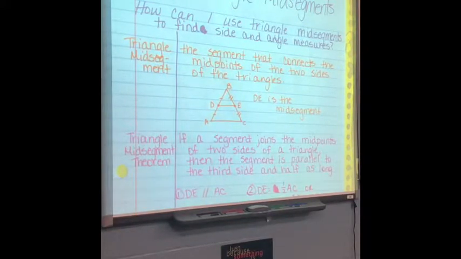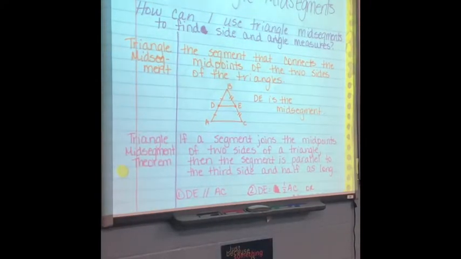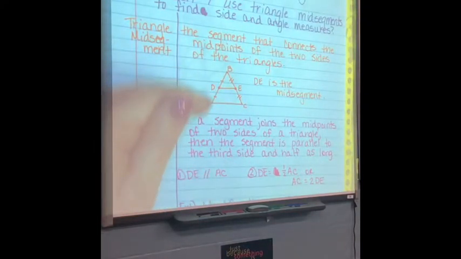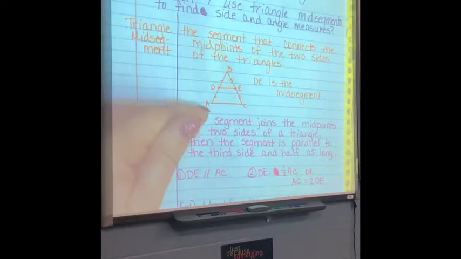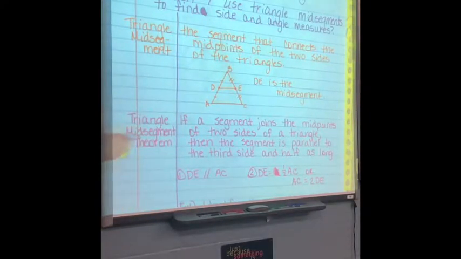So the midsegment theorem says that if the segment joins the 2 midpoints, then the segment is parallel to the third side, so DE is parallel to AC. And then it's also half as long as AC. So you could say that, and I didn't quite get that on there. Let me move that down a little bit. DE is 1/2 of AC, or you could say AC is 2 of the DEs. Is everybody with me there?